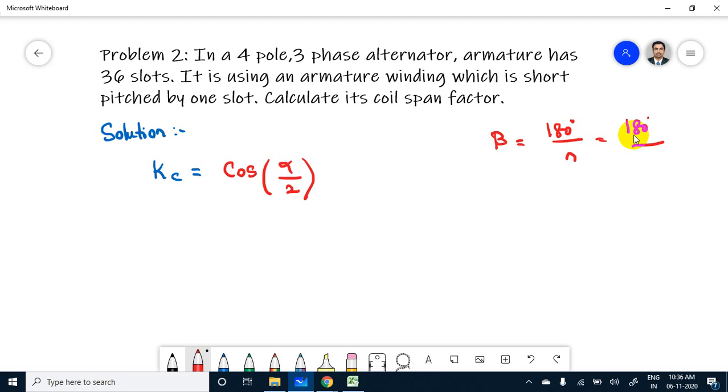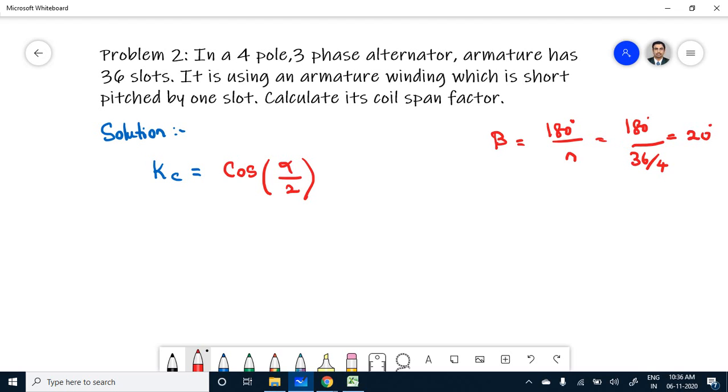How many slots? It is 36, right? 36 divided by pole is 4. So how much is beta? Can anyone tell? Beta value is 20, sir. It is 20 degree.